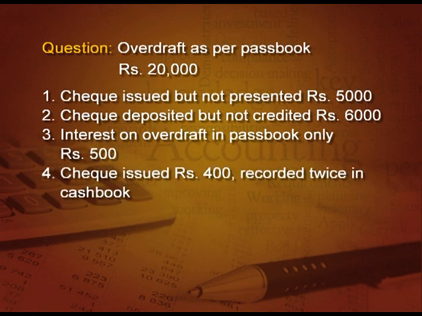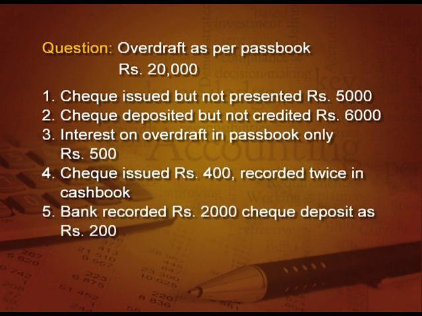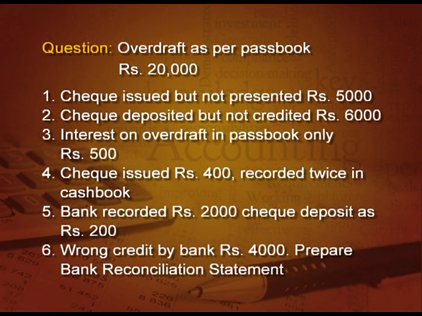Next point number 4 is check issued 400 recorded twice in the cash book. Next point number 5, bank recorded 2,000 check deposited as 200, and last is wrong credit by the bank 4,000. Now we have to prepare a bank reconciliation statement.